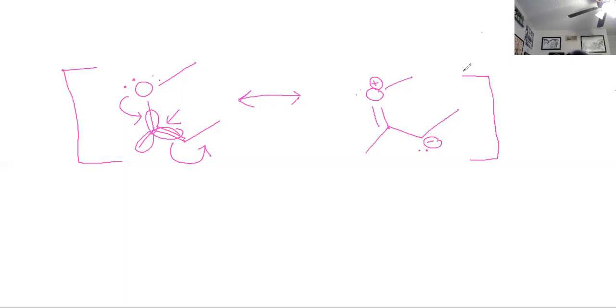Okay, so let's make another observation here. We see this has a plus formal charge and a minus formal charge. So we know that every resonance structure has to have the same total formal charge. So this one has obviously 0. There's no formal charge anywhere. And this one here has a plus and a minus, which equals 0.